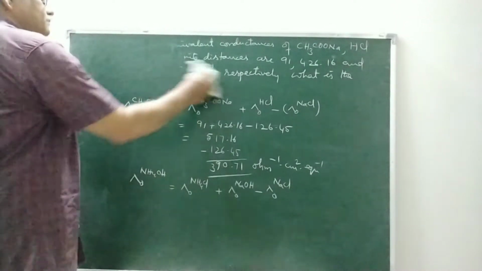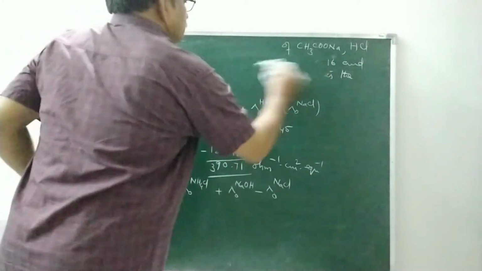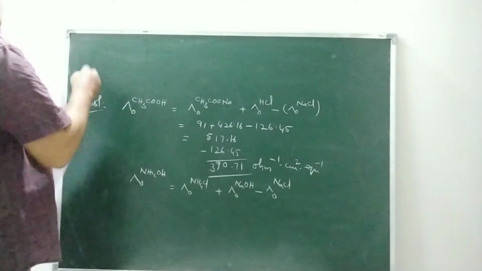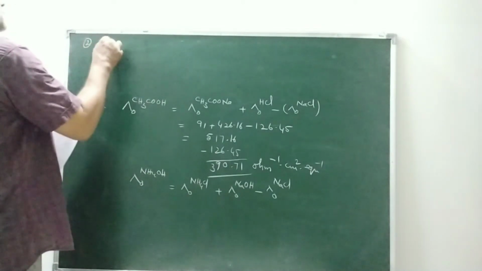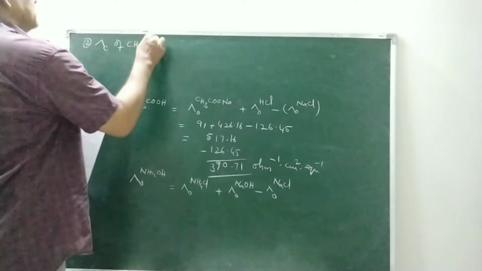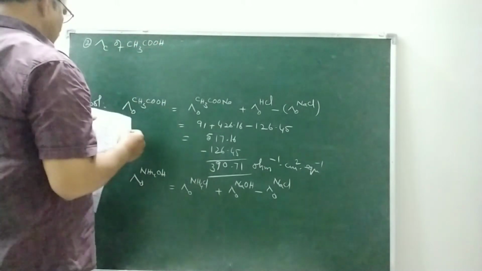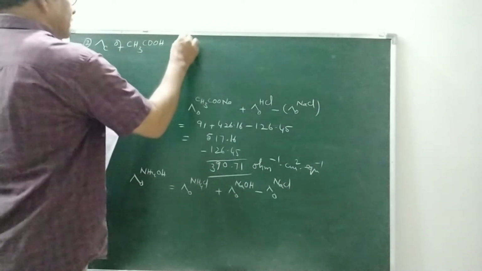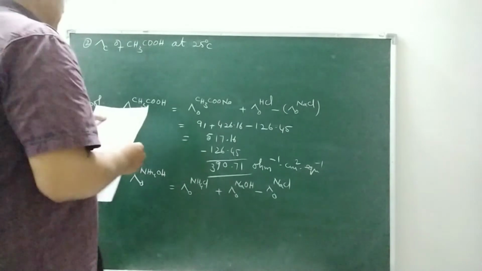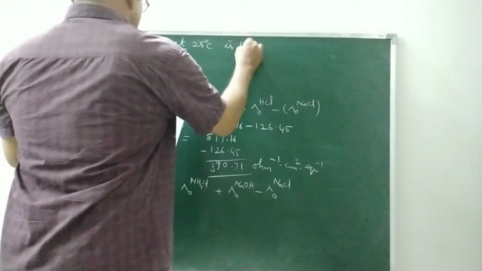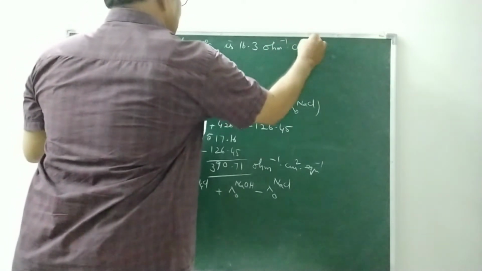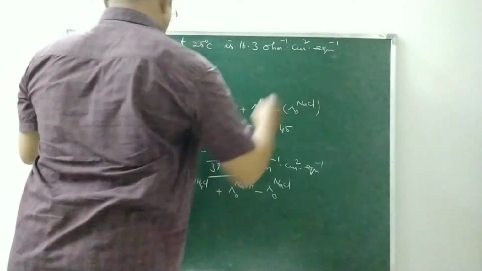Second question. Lambda C of CH3COOH, lambda naught of CH3COOH at 25 degrees Celsius, is 16.3 ohm inverse centimeter square equivalent inverse.